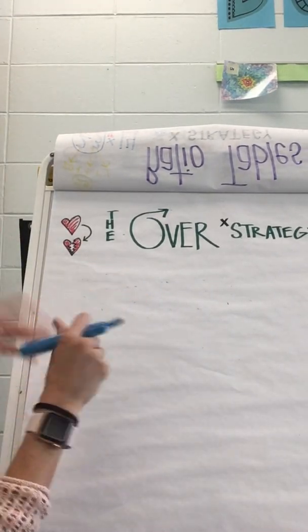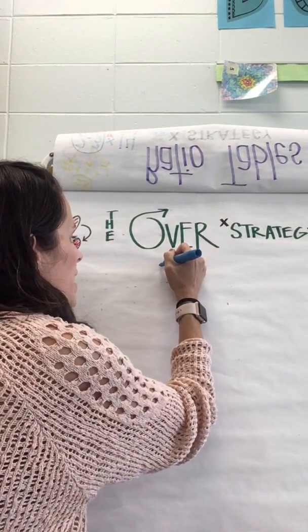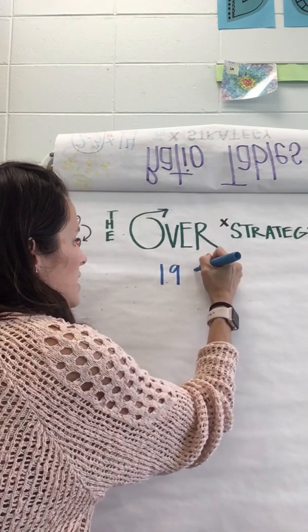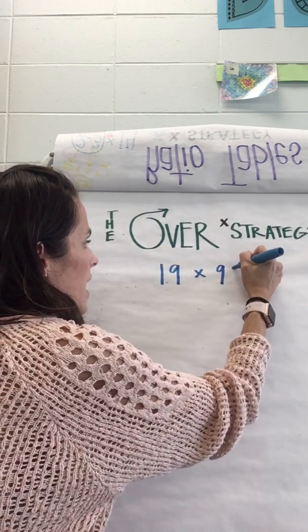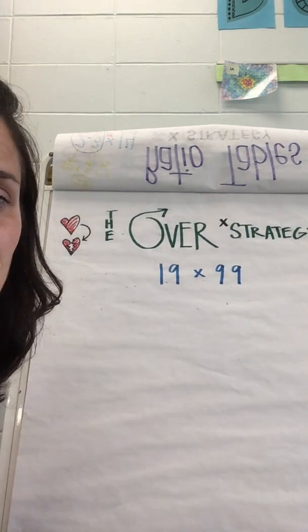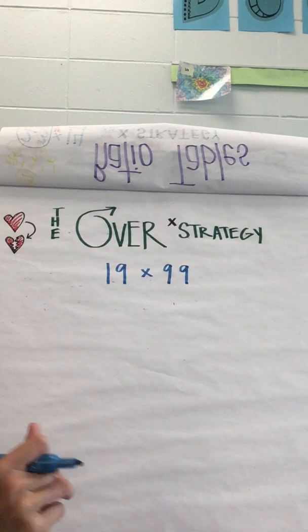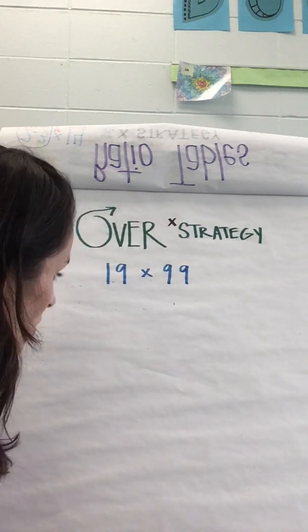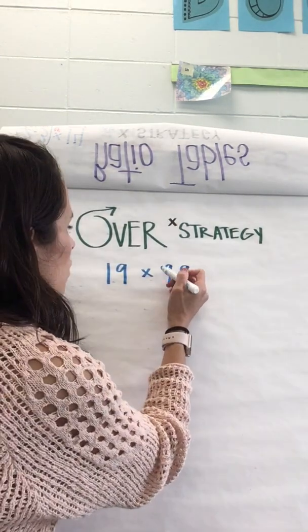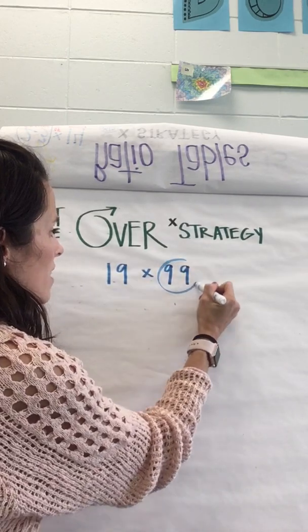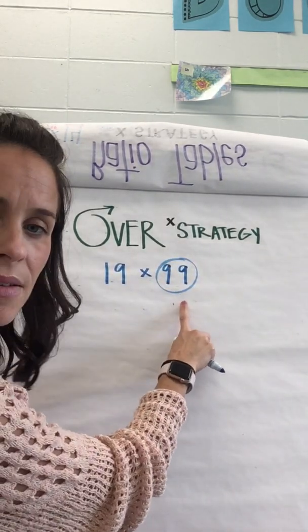Okay, so pretend we want to multiply 19 times 99. Okay, so in order to do this, when we look at it, my eyes right away kind of zone in on this.